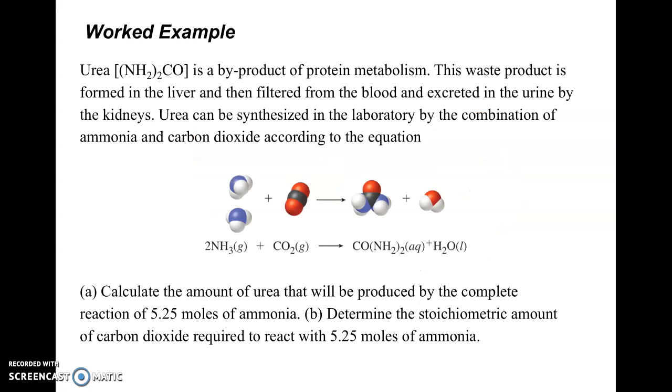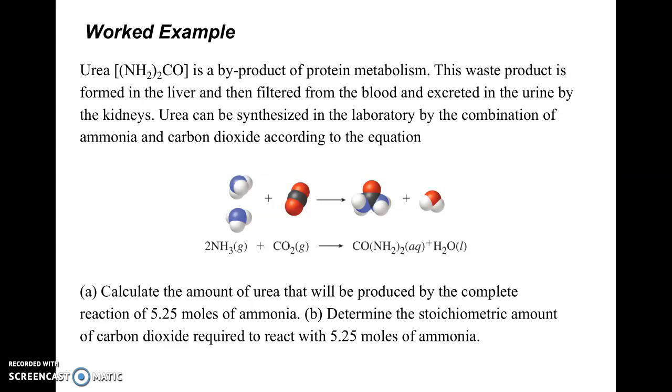All right, so here's another example. So we have this urea, which is a byproduct of protein metabolism. This is in our bodies, and the waste product is formed in the liver and filtered from the blood and excreted in the urine via the kidneys. You can also make it in the laboratory according to this reaction.